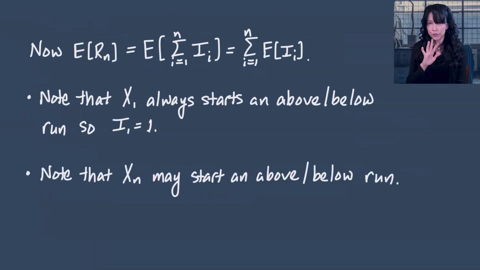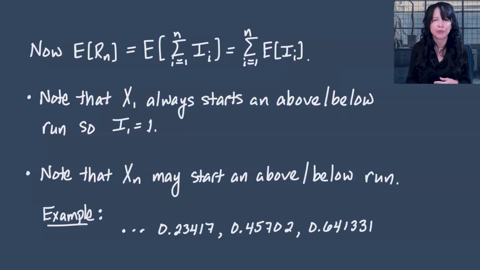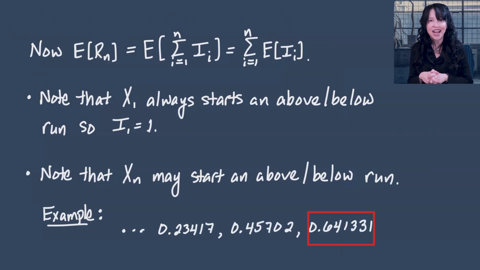So convince yourself if you need to. What I have here are some numbers representing the last 3 values of my n sampled values. And you see here I am below the mean of 1/2, and I am here as well. But here I am now above the mean of 1/2. This is my X sub n realization. And so X sub n is starting a new run here.